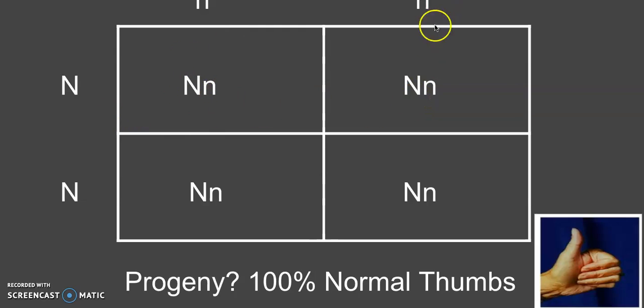And the same here, and same here, because parent number 1 can only give a normal thumb big N allele, and parent 2 up here can only give a little n hitchhiker's thumb allele.